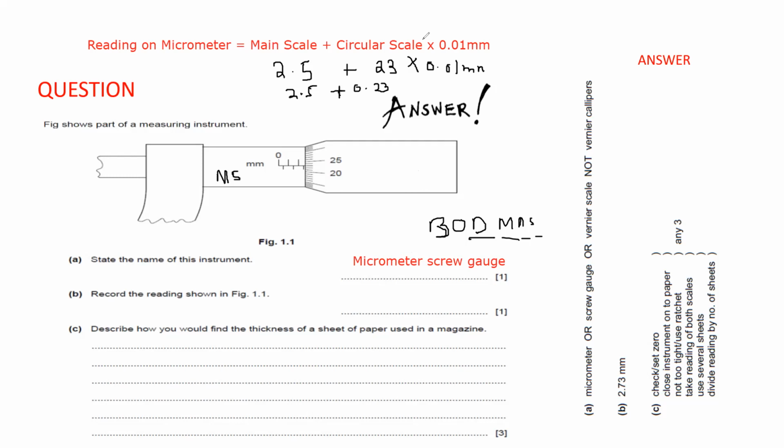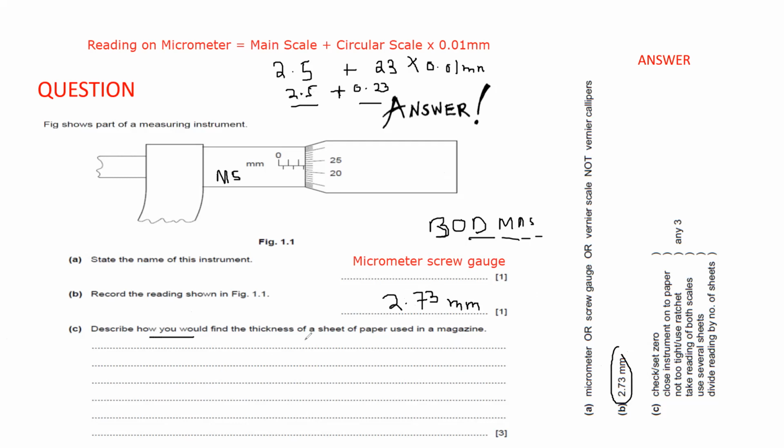When you add them, 2.5 plus 0.23, it will come out as 2.73 millimeter. So the correct answer for B is 2.73, and you can see the answer. It is 2.73.